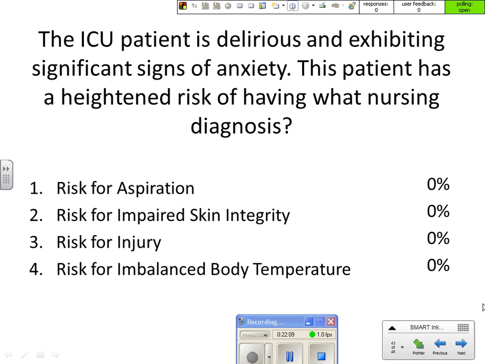The ICU patient is delirious and exhibiting significant signs of anxiety. This patient has a heightened risk of having what nursing diagnosis? Risk for aspiration, risk for impaired skin integrity, risk for injury, risk for imbalanced body temperature.